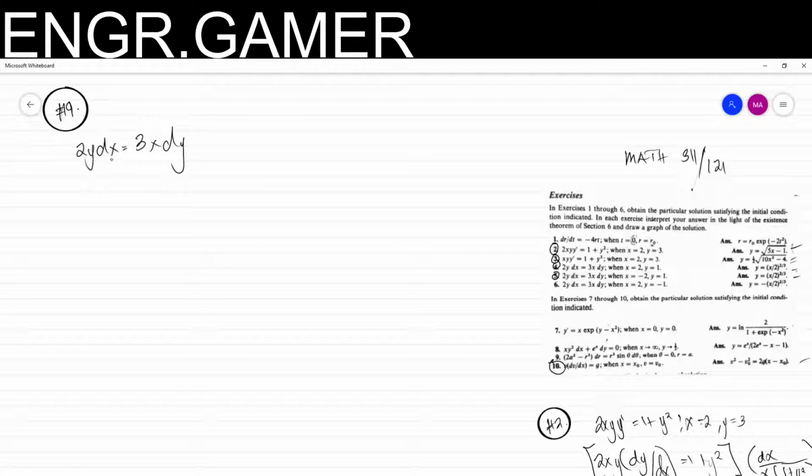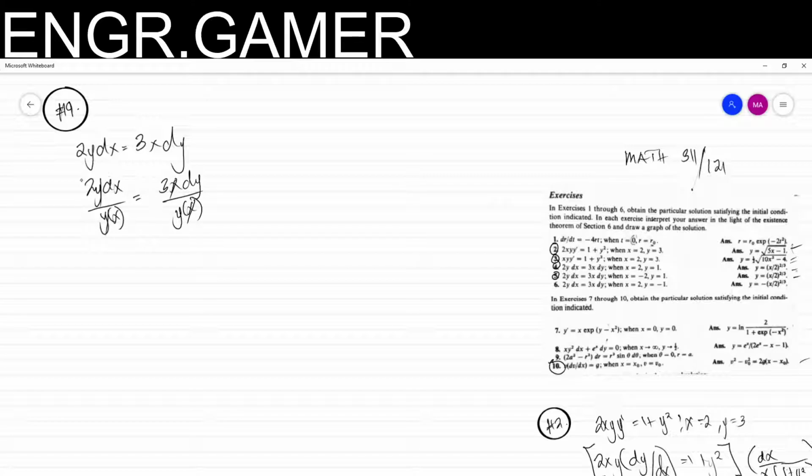Okay? Lahat ng separate natin. So divide natin both sides by y times x para makancel. Wag na natin tanggalin yung 2, yung y na lang. So y times x is equal to 3x dy over y times x. So makancel yung x, makancel yung y.